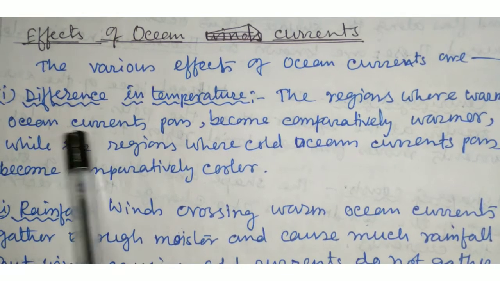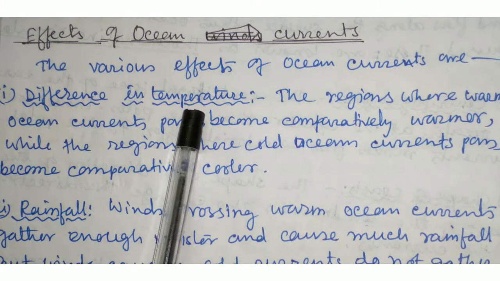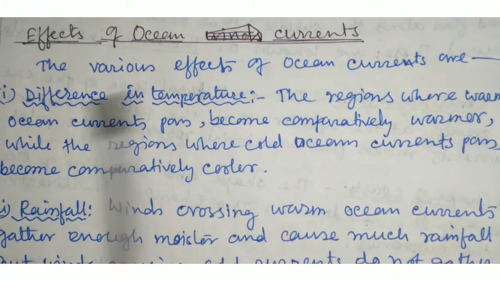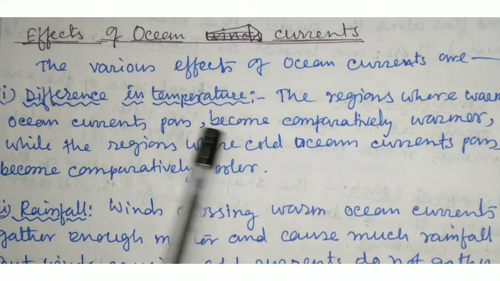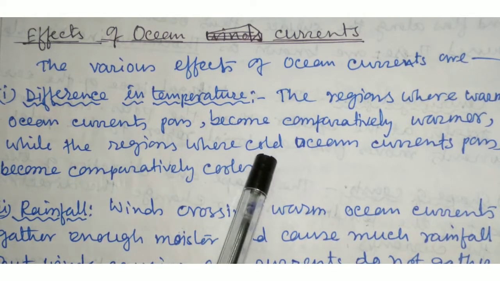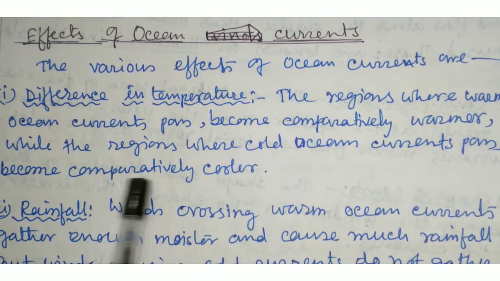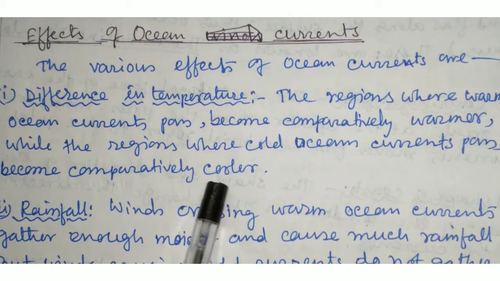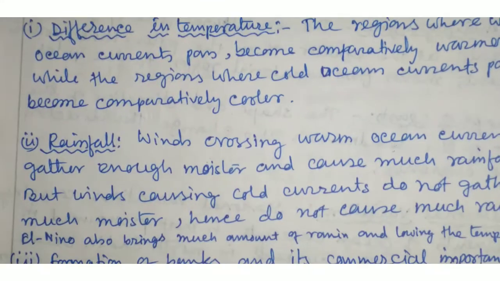First, difference in temperature. The regions where warm ocean currents pass become comparatively warmer, while the regions where cold ocean currents pass become comparatively cooler. Now, rainfall.